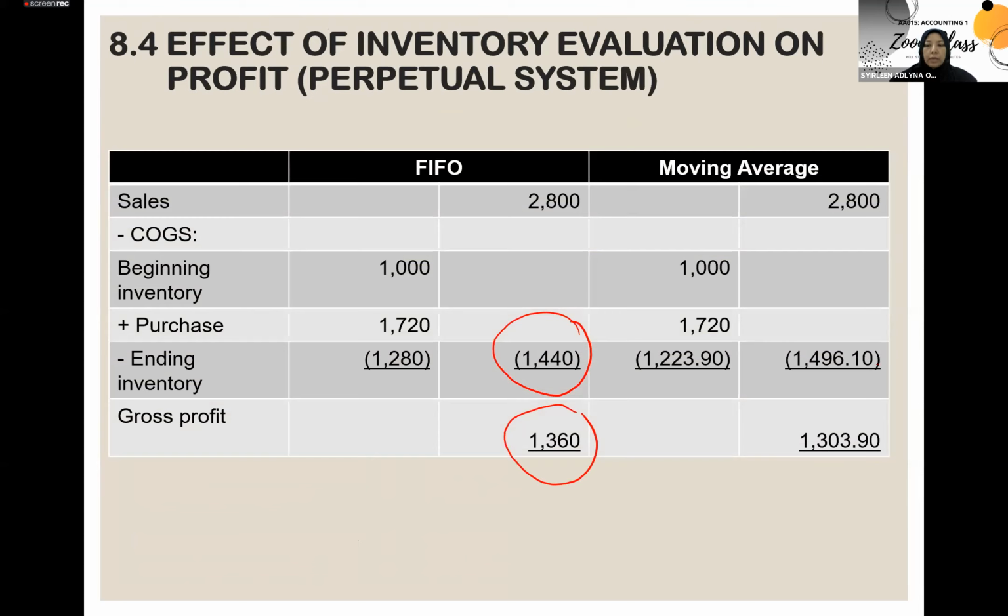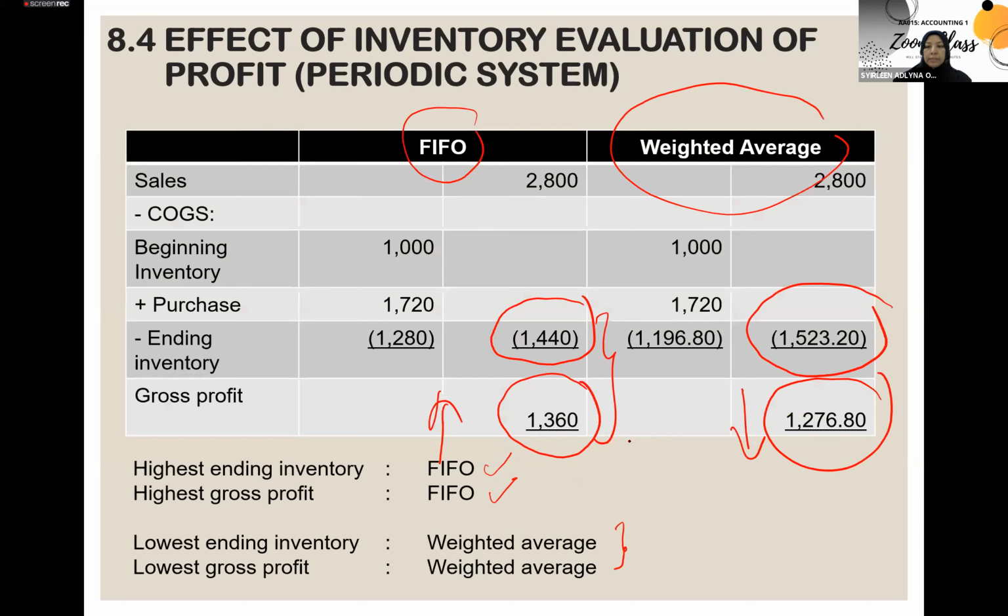Tapi kalau awak tengok dekat sini, moving average masih beri gross profit yang lebih rendah berbanding FIFO. Tapi beza dia tak banyak. Beza dia RM57 saja. Yang ni dia punya difference is RM84.